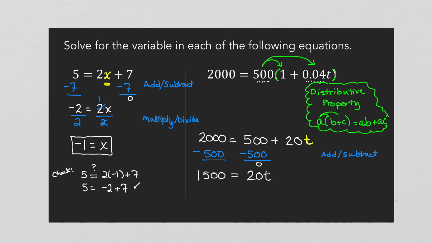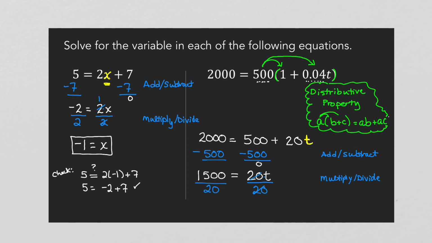And we're almost there. After we've done the addition and subtraction, that's when we do the multiplication and division if there are any left to do. And we do have a multiplication. 20 times t, that's a multiplication. And we want to get rid of that 20 by doing the opposite operation, which is dividing.